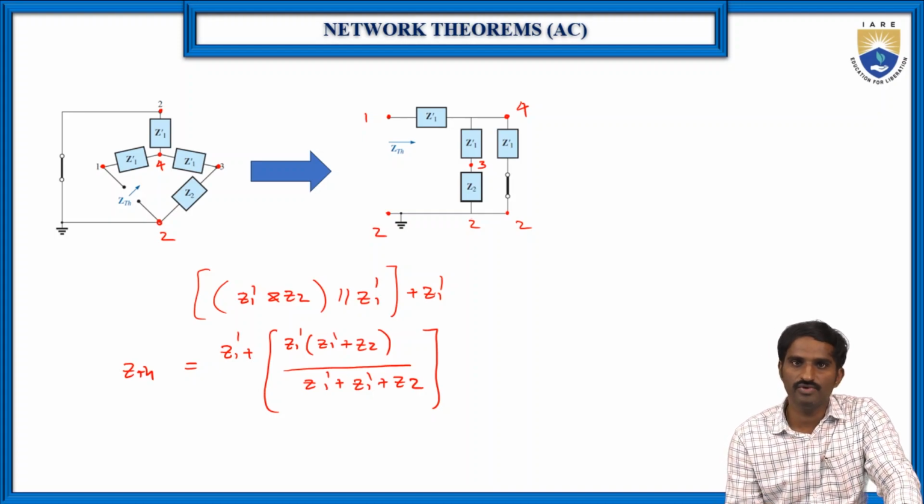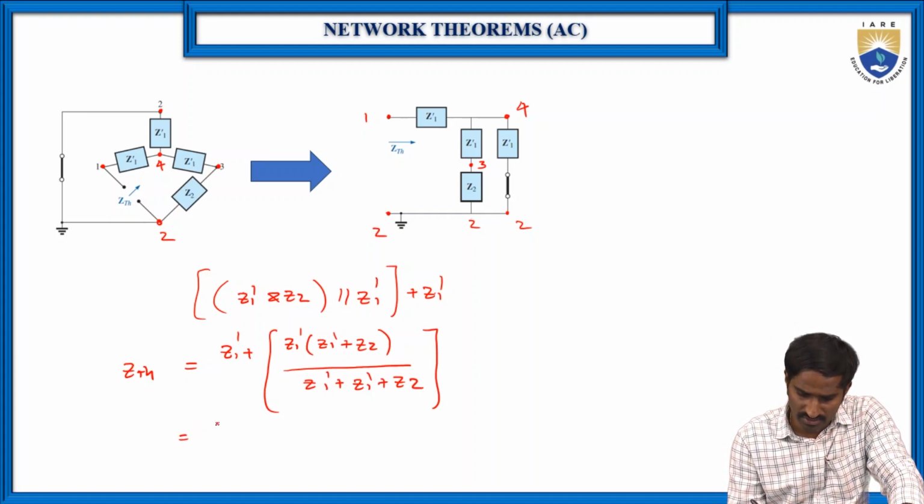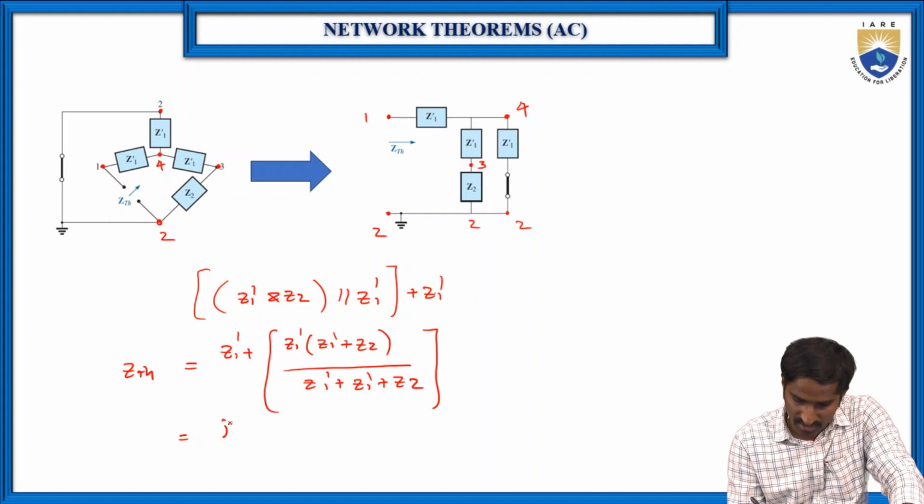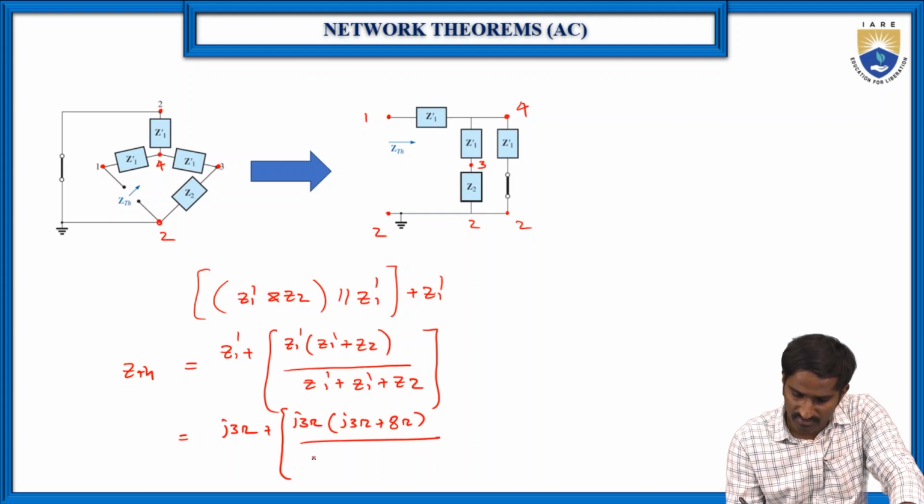Then substitute all these values here, because we know Z1 dash is equal to J3 ohms, plus J3 ohms into J3 ohms plus Z2, which is 8 ohms, by J3 ohms plus J3 ohms plus 8 ohms.